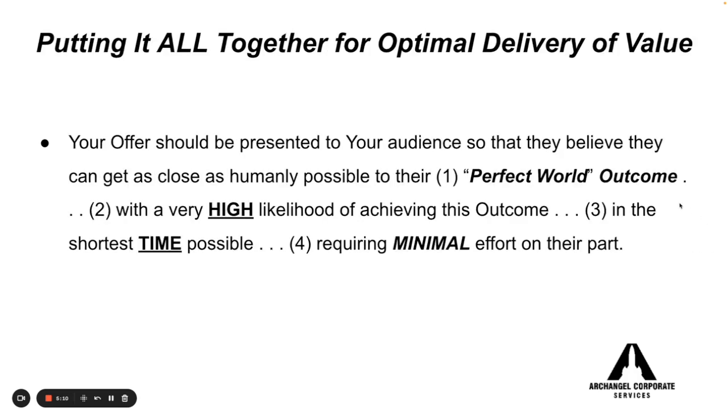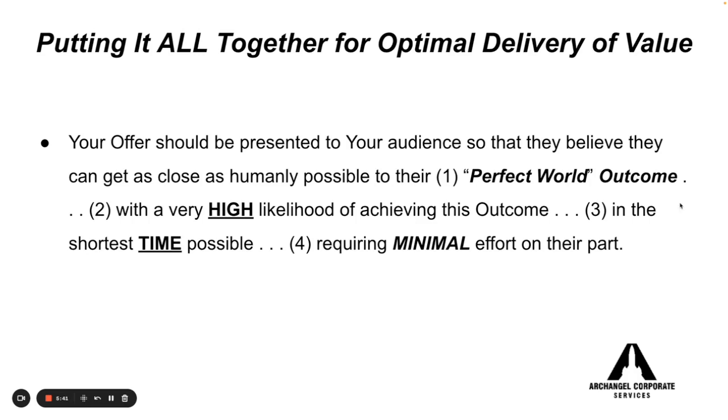So to recap this and put it all together, putting all 4 variables in one sentence, your offer should be presented to your audience so that they believe in their mind that you can get as close as humanly possible to their, number 1, perfect outcome, number 2, with a very high likelihood of achieving that outcome in the shortest time possible and requiring minimal effort on their part.